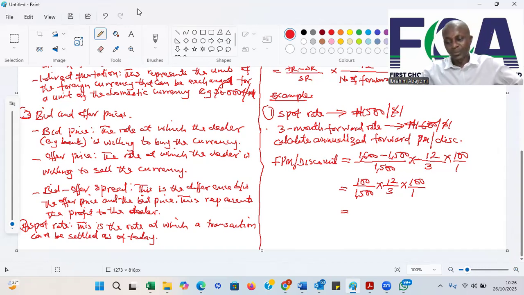We get 26.67%. Now, this is positive, so the forward rate is quoted at a premium. Don't forget, if it is positive, it's a premium; if it's a negative result, it's a discount. Now let's look at the situation of a discount.